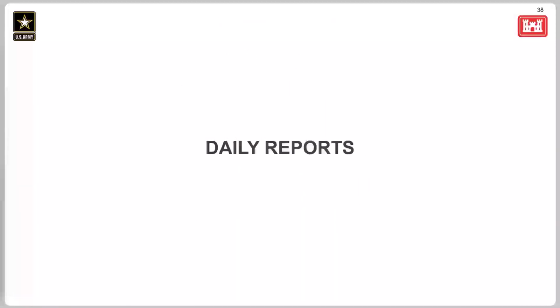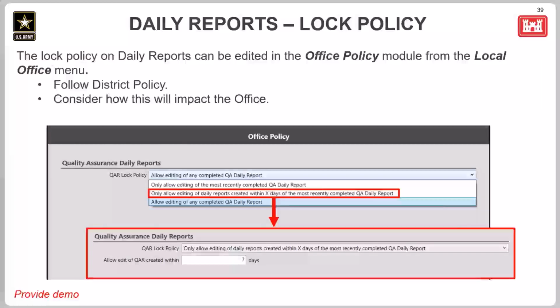Okay, next up, we will review daily reporting in RMS for quality assurance and quality control on the contractor side. So to start, we will look at the office policy for QA daily reports. Sometimes an error may need to be resolved on a QA daily report, but the lock policy does not allow for the necessary edits to be made.